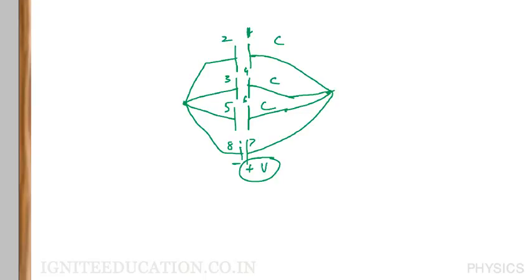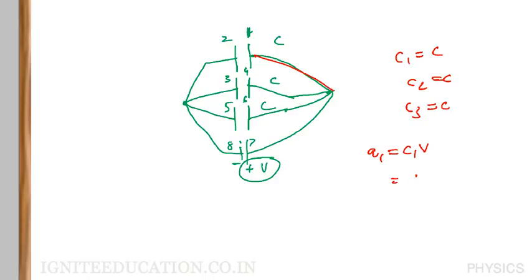So for example, C1 is equal to C, C2 is equal to C, C3 is equal to C, but Q1 is equal to C1V. Why V? Because they are all connected in parallel, at common potential.